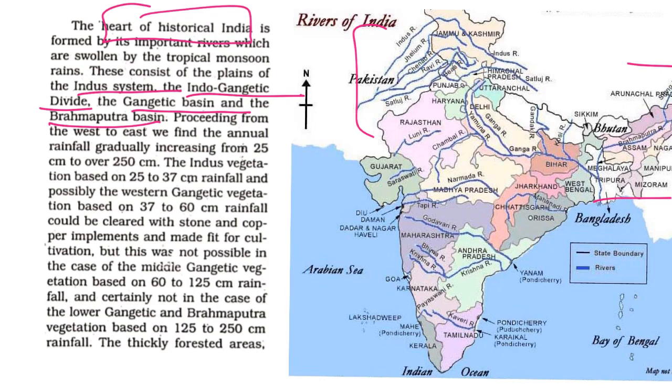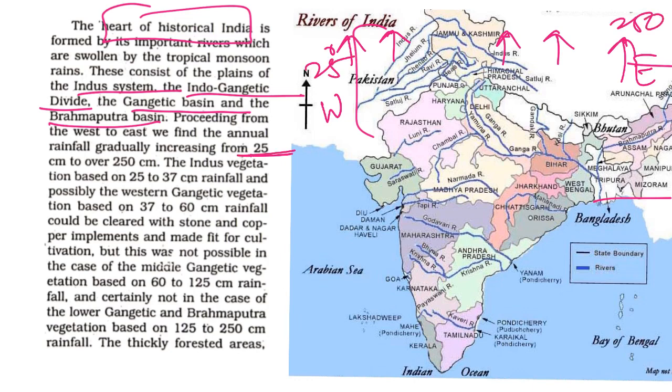So here one important thing to remember is that if we go from west to east, our rainfall keeps on increasing, right. Increase of rainfall means there will be an increase of vegetation and forest land. So annual rainfall increases from 25 to 250 centimeters.